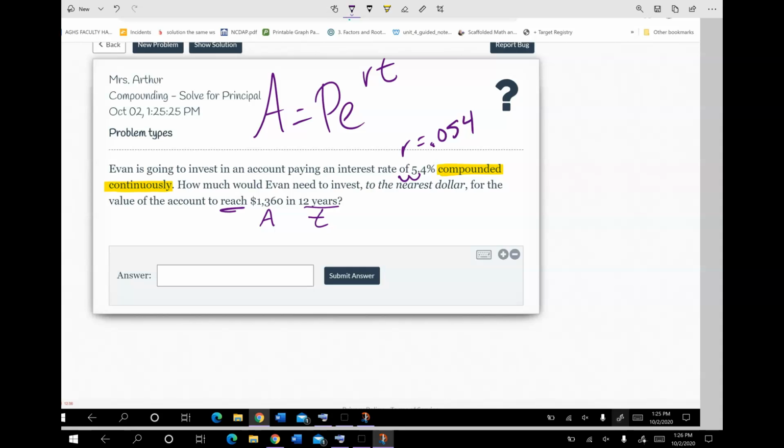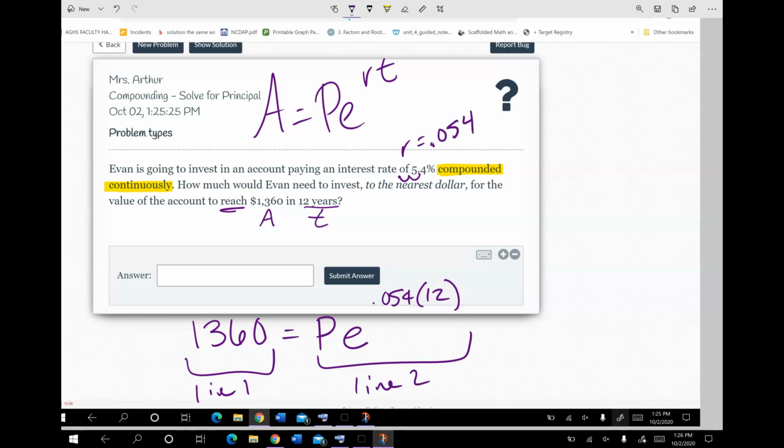So let's plug in what we got. 1360 equals P times E to the R times T. So again, left-hand side line 1, right-hand side line 2. All right, let's go to Desmos.